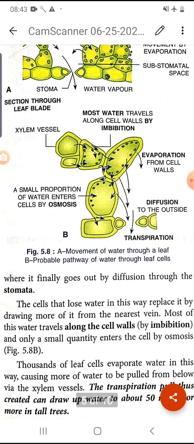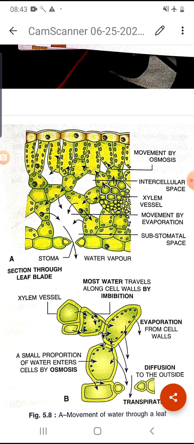Okay, so let's see figure A. As you can see, the first layer, the yellowish layer with the black dots, is the epidermal layer, and after that there is the palisade parenchyma, and after that the irregular cells, which are the spongy parenchyma. From each cell you can see there is some space in between.